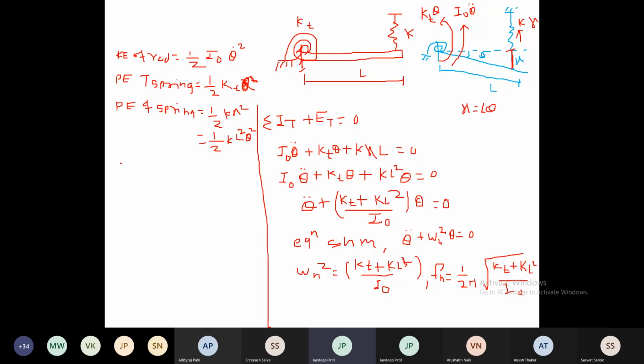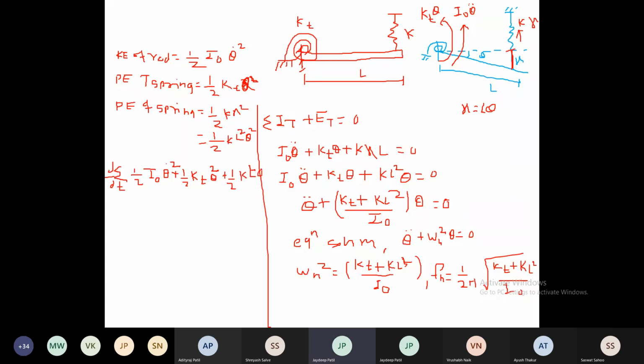Okay, I have to differentiate this d upon dt. Kinetic energy of rod is equal to 1 upon 2 IO theta dot square plus 1 upon 2 kt theta square plus 1 upon 2 kl square theta square.